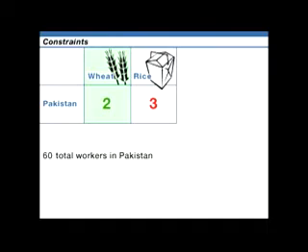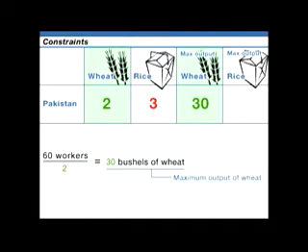If we take those 60 workers and divide them by the 2 workers needed to produce 1 bushel of wheat, the total amount of wheat that can be produced in a given period of time is 30 bushels. 60 workers divided by 2 workers per bushel equals 30 bushels, the maximum wheat output possible in Pakistan.